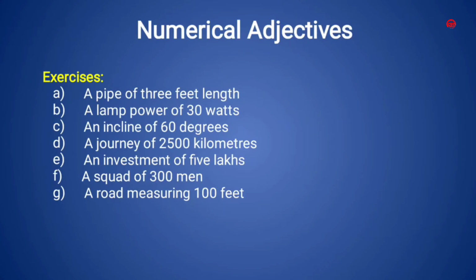And here I have given you few exercises. A pipe of 3 feet length, a lamp power of 30 watts, an incline of 60 degrees, a journey of 2500 kilometers, an investment of 5 lakhs, a squad of 300 men, a road measuring 100 feet.